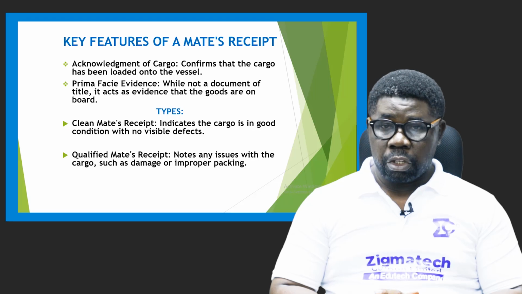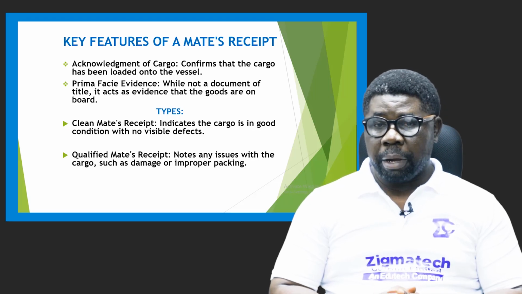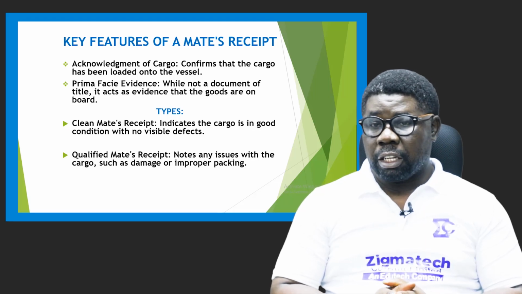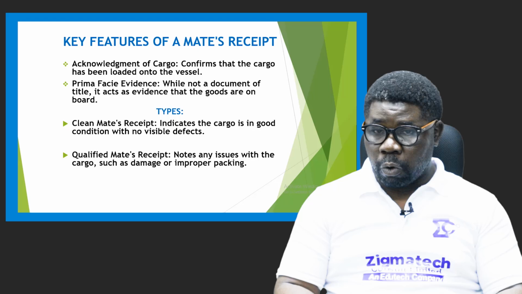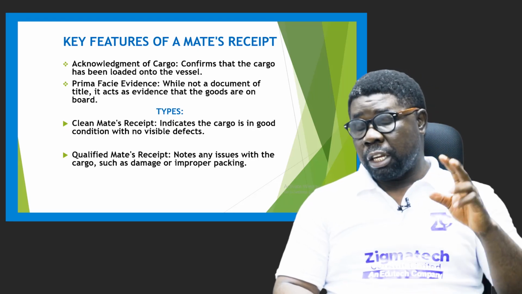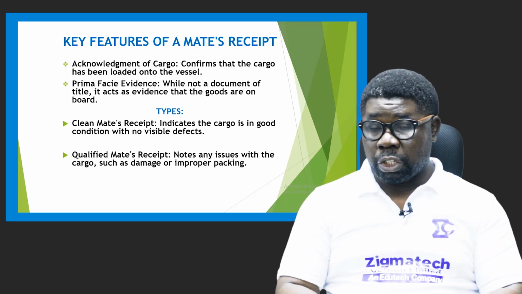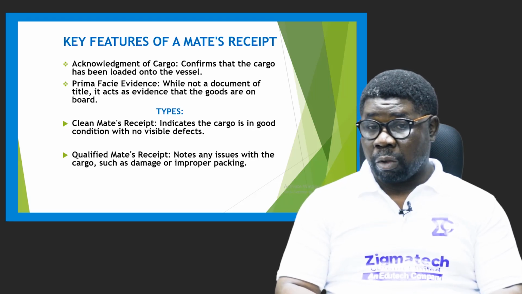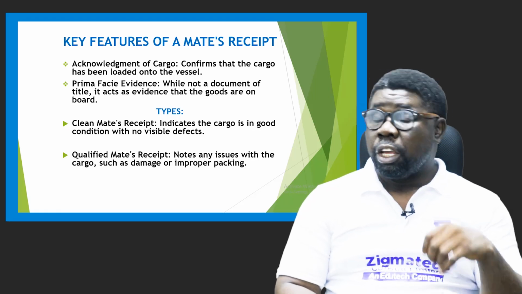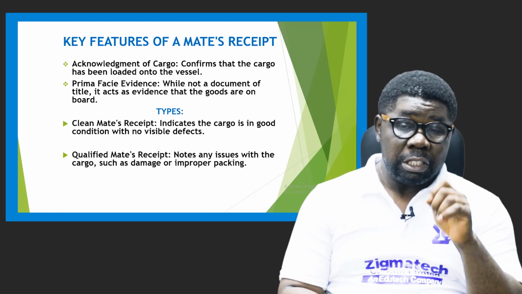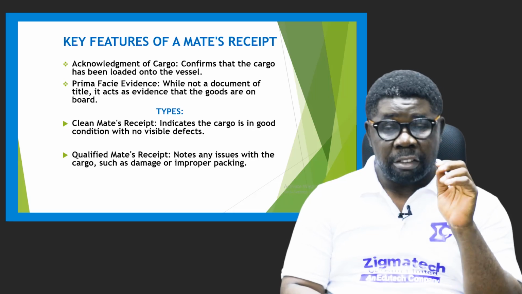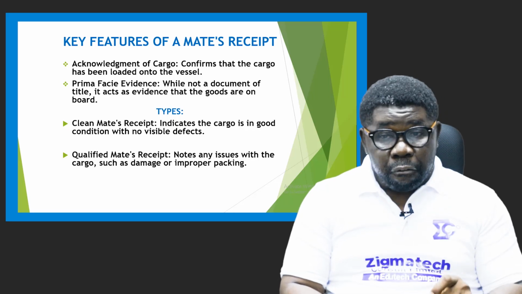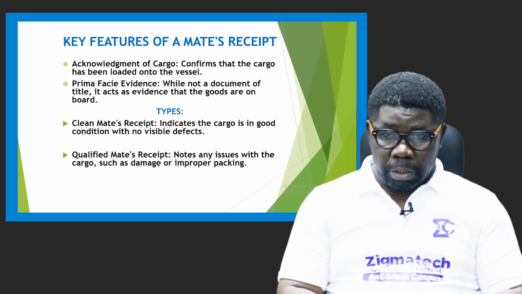Then number 2 is the qualified mate's receipt. This notes any issue with the cargo, such as damage or improper packing. While in the bill of lading a dirty bill of lading shows damage, in this case it is called qualified. Please take note. It's called a qualified mate's receipt, not a dirty mate's receipt, even though we have clean and dirty in the other. This one is qualified mate's receipt.